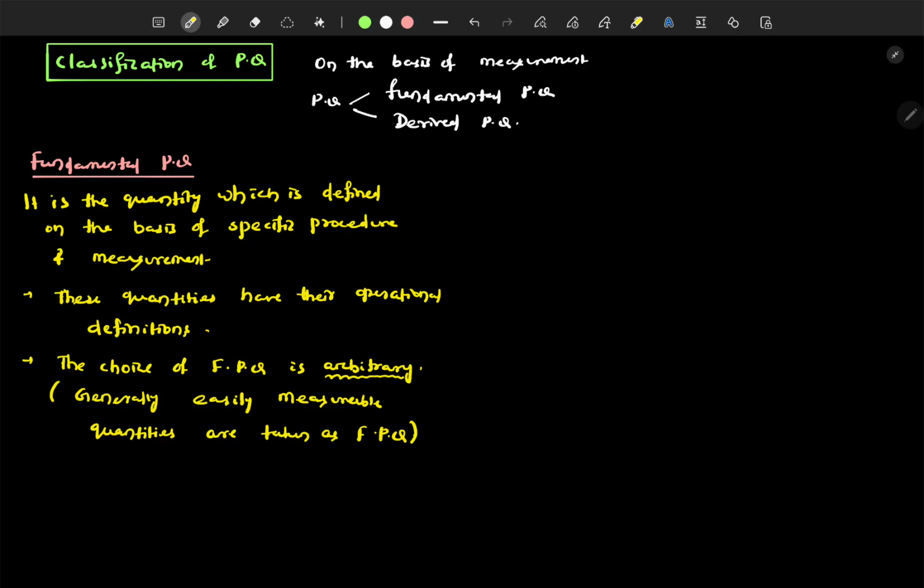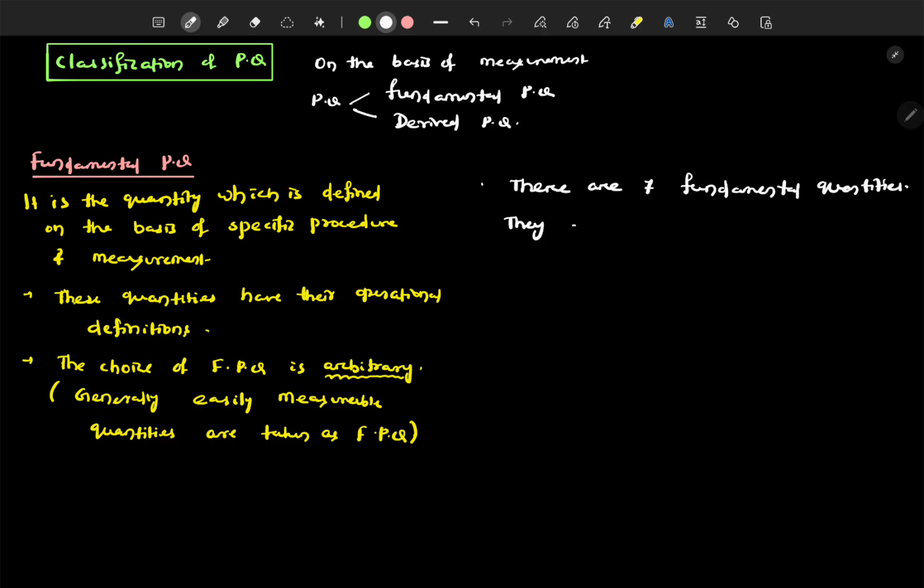If you think about their number, it is 7. So there are 7 fundamental quantities. What are those?